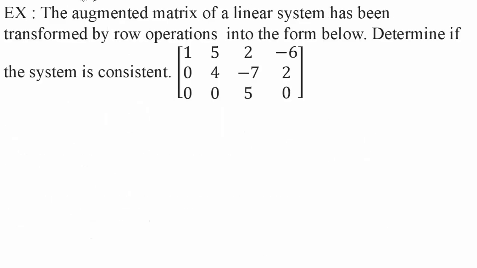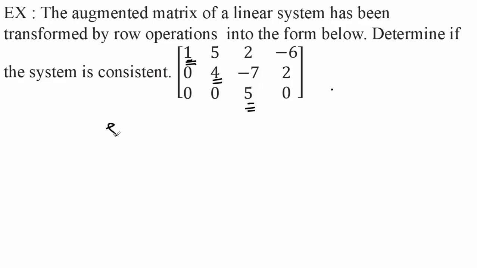One more example. The augmented matrix of a linear system has been transformed by row operations into the form below. Determine if the system is consistent. This system is consistent because this is a triangular matrix, and this A matrix, that is the first part, 3 columns, has rank 3 because there are 3 leading non-zeros. This is the first leading non-zero, this is the second, this is the third.